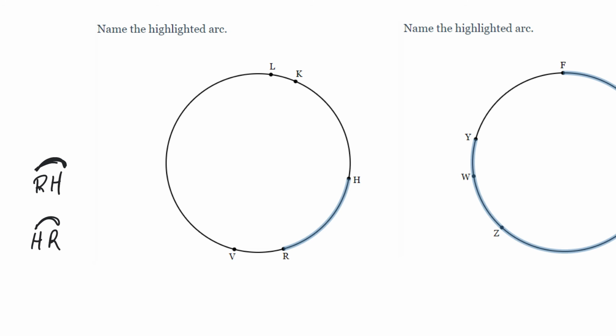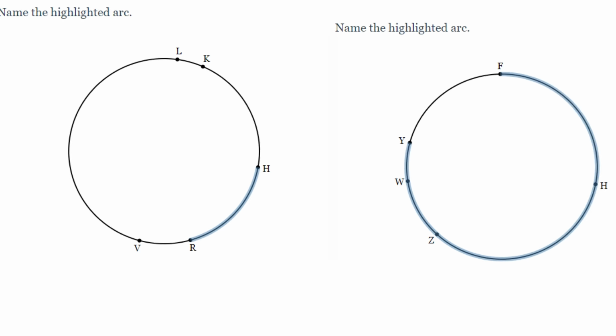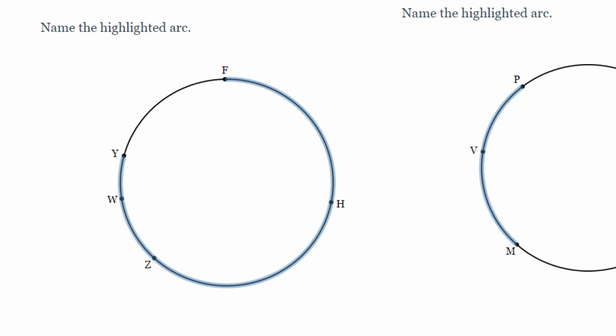The next one that we see here is a major arc. The reason why it's a major arc is because it's extending more than 180 degrees. When we name a major arc, we have to name it with 3 points, unless it's exactly 180.